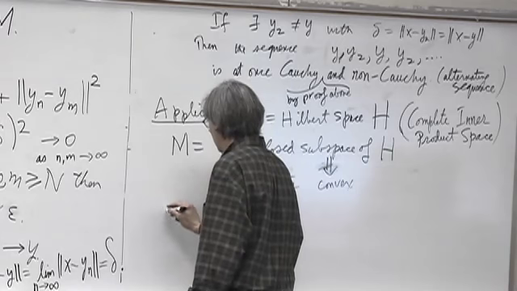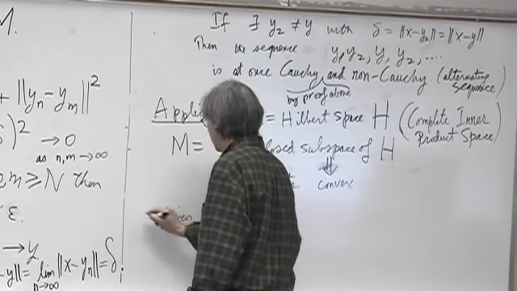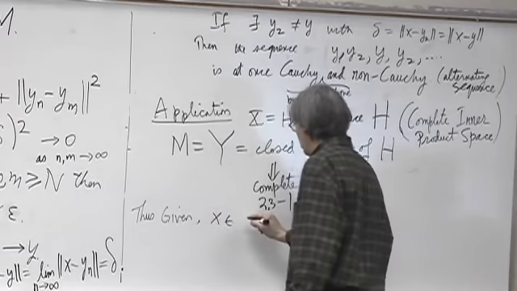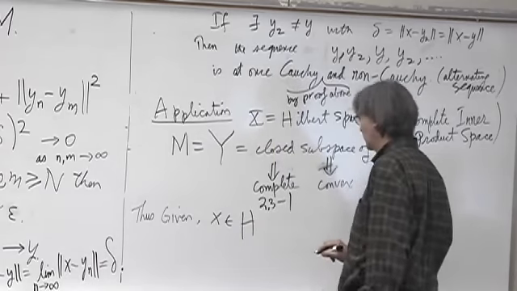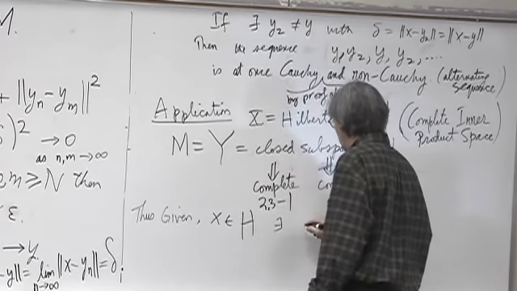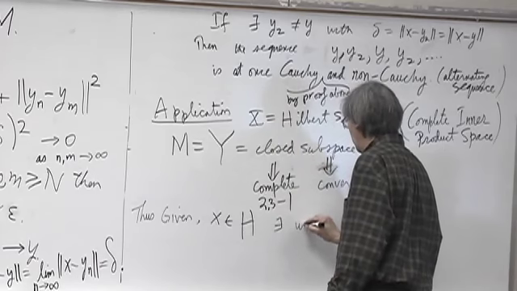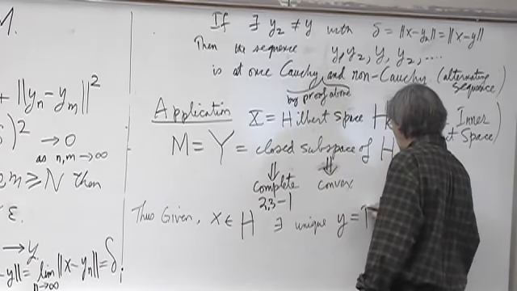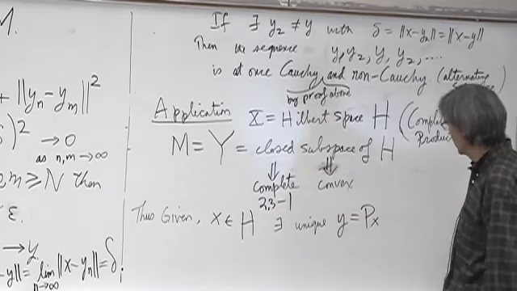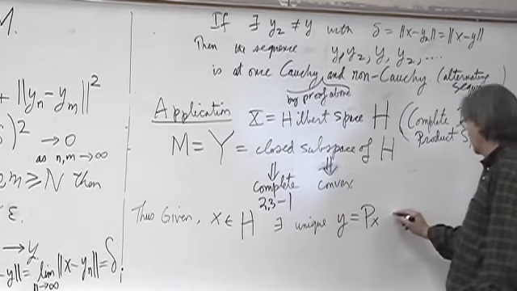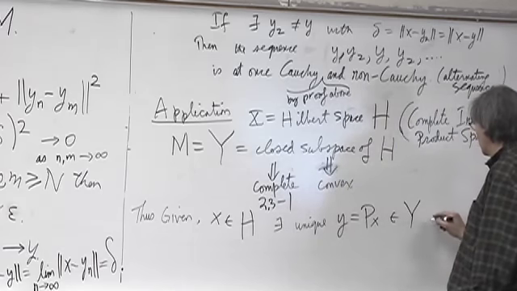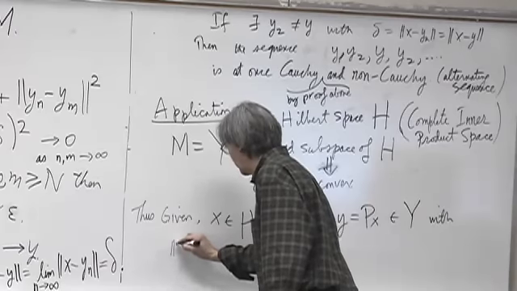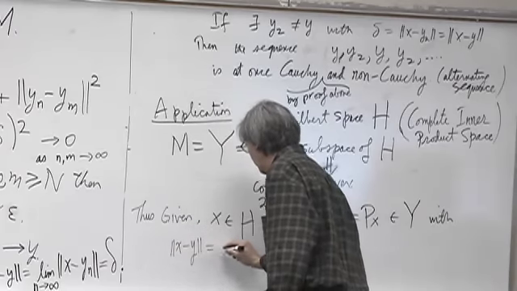Given X in my Hilbert space H, there exists a unique Y, I call it capital PX, P for projection, orthogonal projection, in capital Y with the norm of X minus Y equals the minimum.